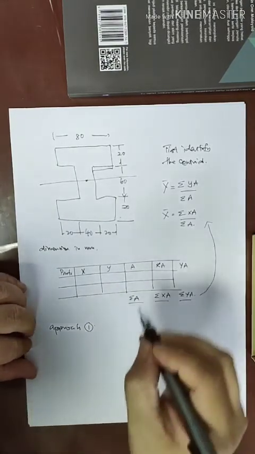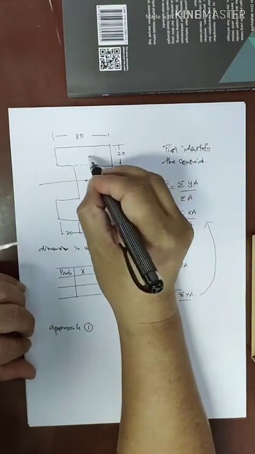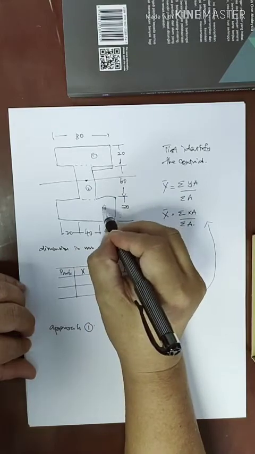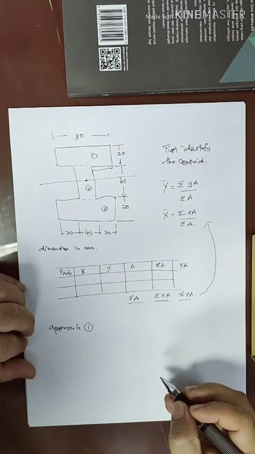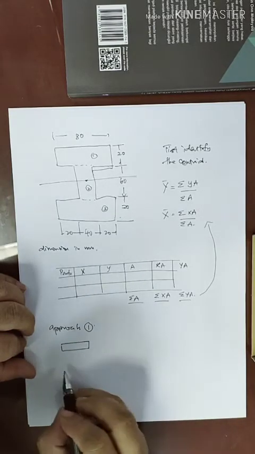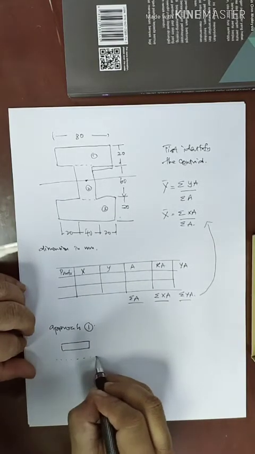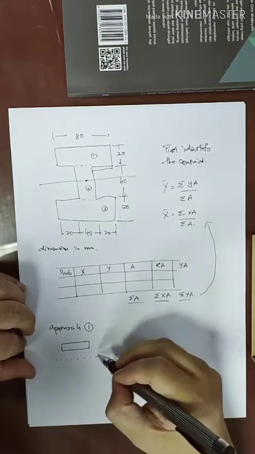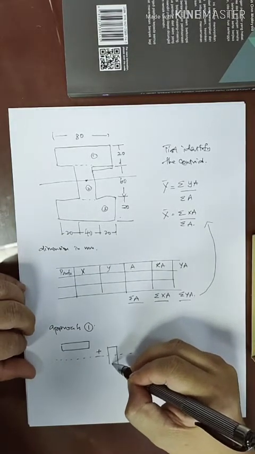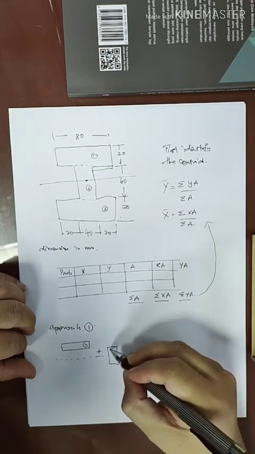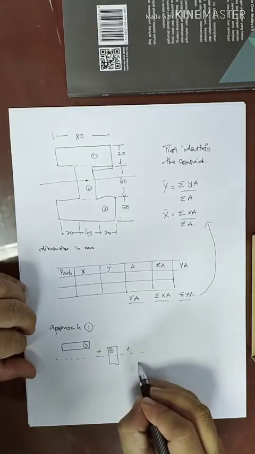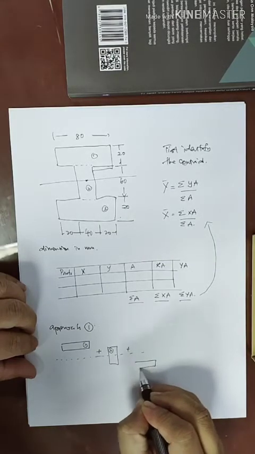So we can separate it into 1, 2, and also 3. So we have the 1, so this is the center, plus the 2, and then plus another 3.